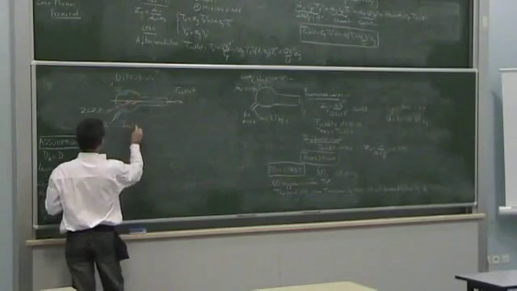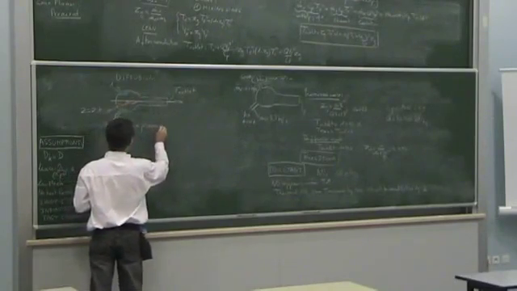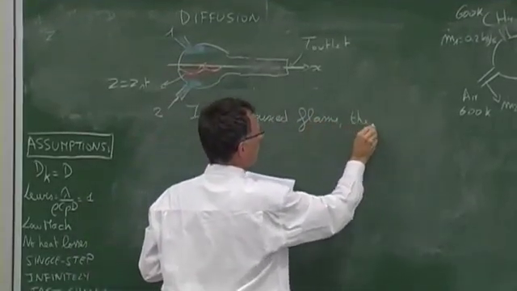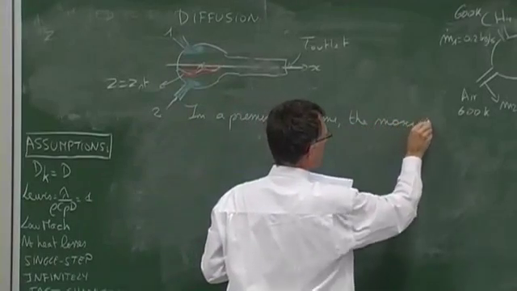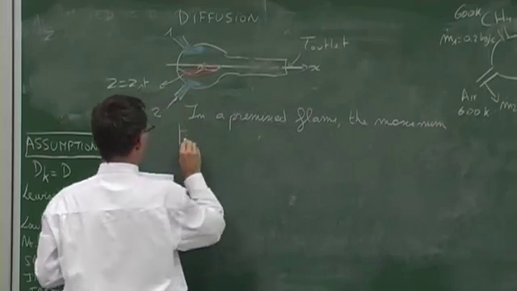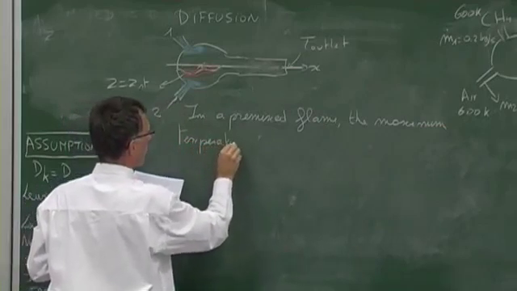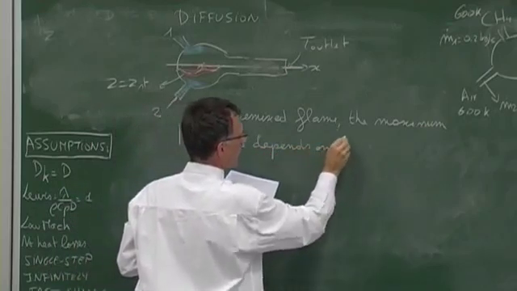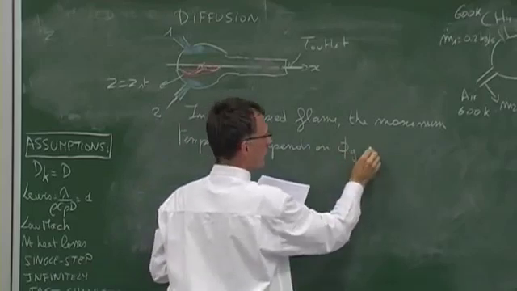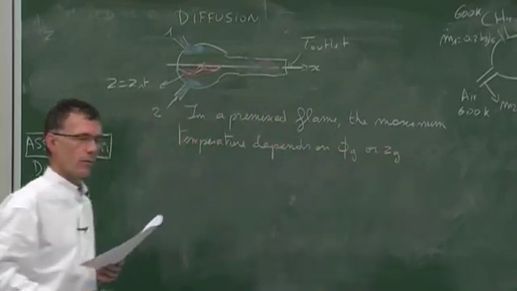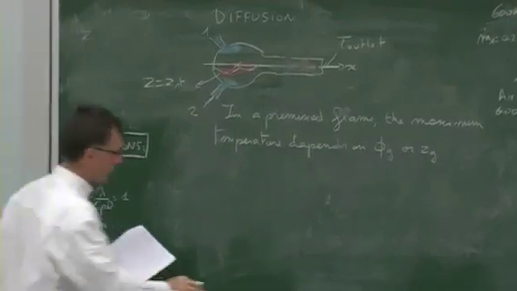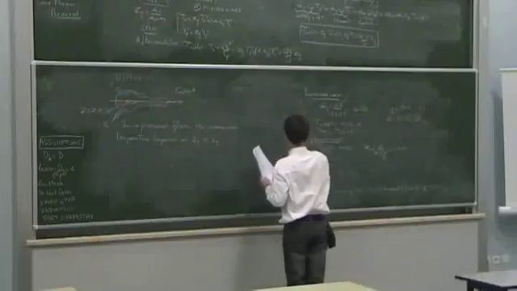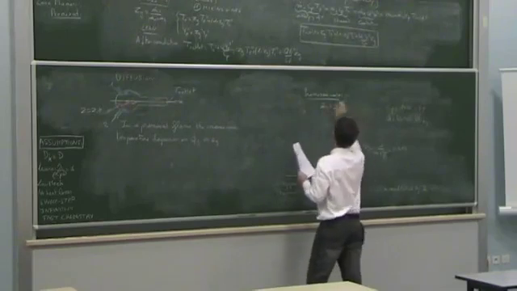So, in a premixed flame, the maximum temperature depends on phi g, the global equivalence ratio, or Zg, the global mixture fraction. And how does it depend on that? I've shown you this curve when we talked about the premixed flames, when we were discussing flammability limits.